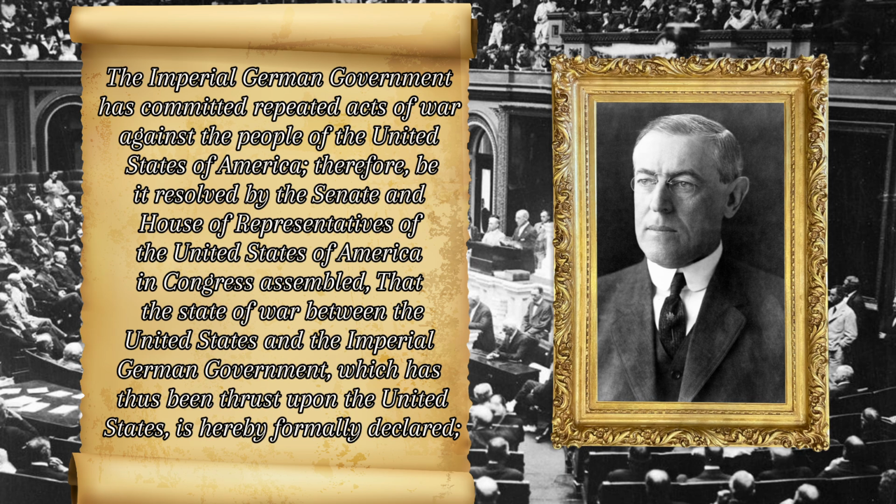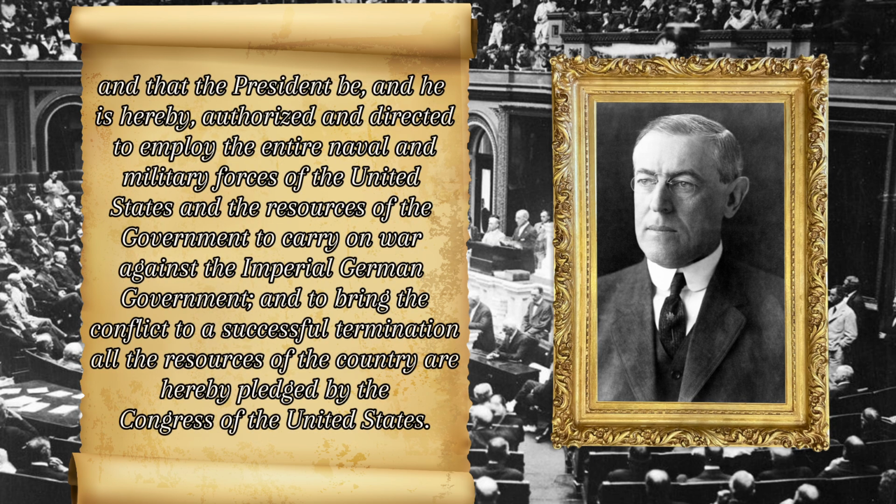Therefore, be it resolved by the Senate and House of Representatives of the United States of America in Congress assembled, that the state of war between the United States and the Imperial German government, which has thus been thrust upon the United States, is hereby formally declared, and that the President be, and he is hereby, authorized and directed to employ the entire naval and military forces of the United States and the resources of the government to carry on war against the Imperial German government, and to bring the conflict to a successful termination, all the resources of the country hereby pledged by the Congress of the United States.